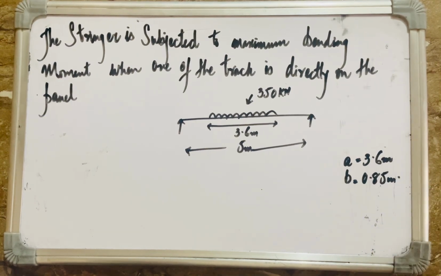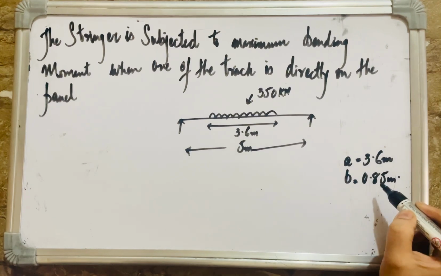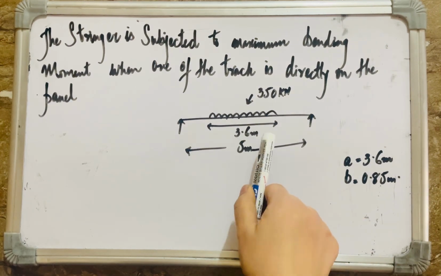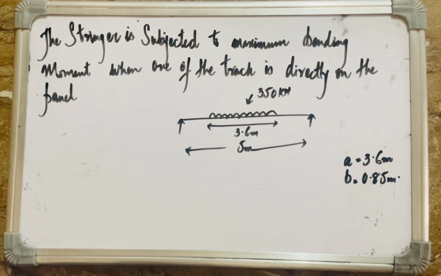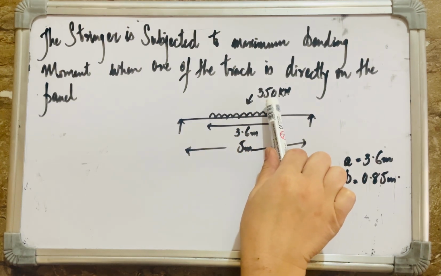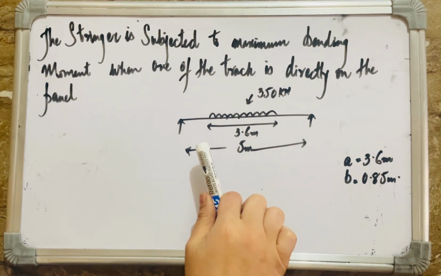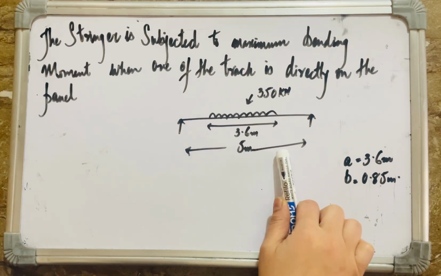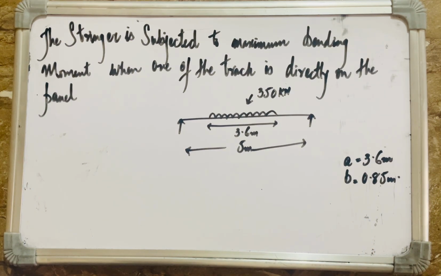These are the dimensions of the tire contact area in the long and short span. Since the live load for this steel bridge is the IRC class AA tracked vehicle, this will be 350 kilonewtons, and the contact area in the long span is 3.6 meters.